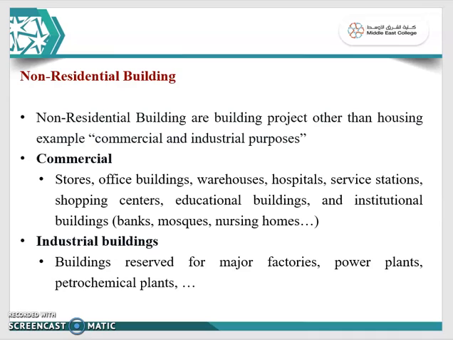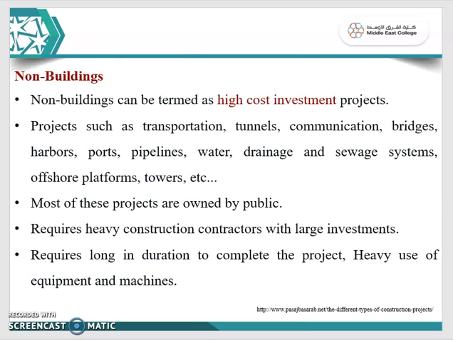They are for commercial purposes, like banks, hospitals, warehouses, service stations, shopping centers. Non-residential buildings can also be industrial buildings, like factories, power plants, petrochemical plants, where industrial activities like manufacturing take place.